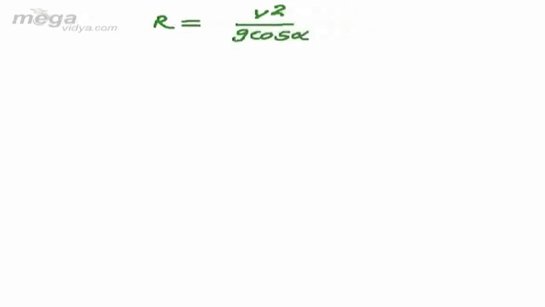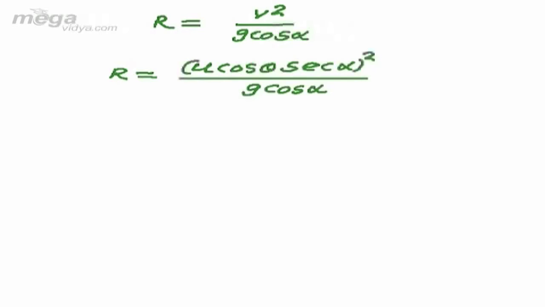Putting the value of v into this equation, we get (u cos theta sec alpha) whole square divided by g cos alpha, or it can be modified as u square cos square theta sec cube alpha by g.